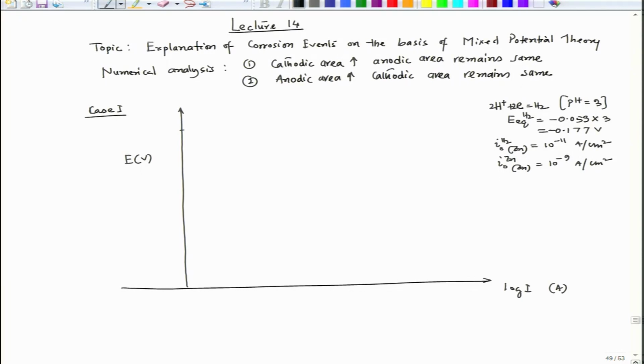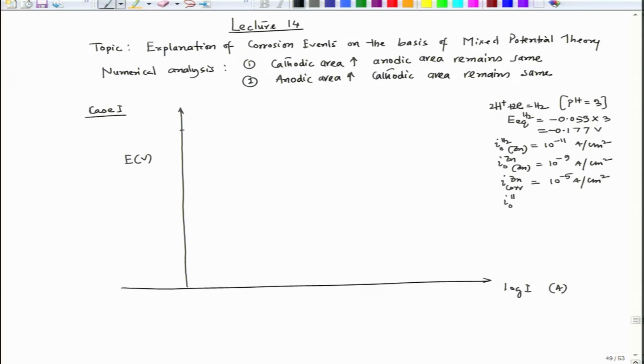I corrosion of zinc, when zinc is 1 centimeter square, is 10 to the power minus 5 ampere per centimeter square.